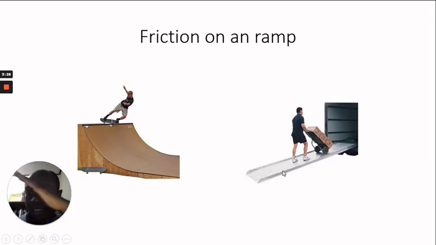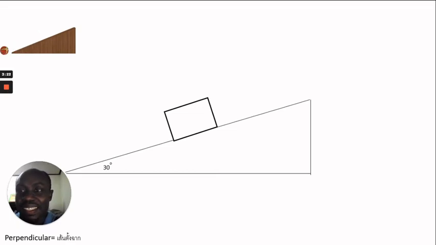It looks like that. If you look at this picture, when we leave an object like a ball on a ramp, sometimes the ball or the object will move down the ramp. What are the different forces on the object? We're going to look at that with this example.